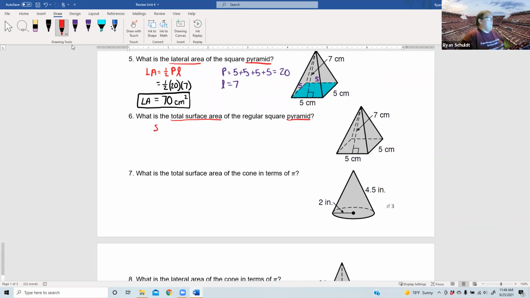That formula, SA, is going to be 1/2 PL plus B. One half PL plus B. So let's see. Our base, it tells me it's a square pyramid. So that means my base is going to be this square right here.